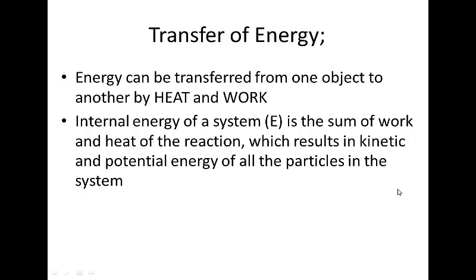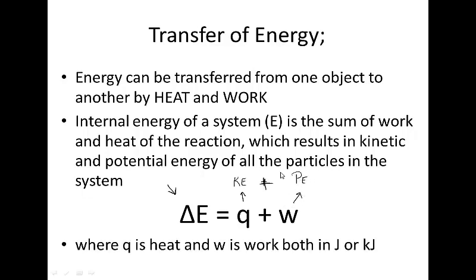You can't actually measure internal energy directly, so we measure the change in internal energy, which is going to be this symbol here, and the change in internal energy will be the heat, which is technically kinetic energy, plus work, which is technically potential energy in the macroscopic world. And you have to have your Q and your W in the right units in order to add them up, so either energy units of joules or kilojoules.